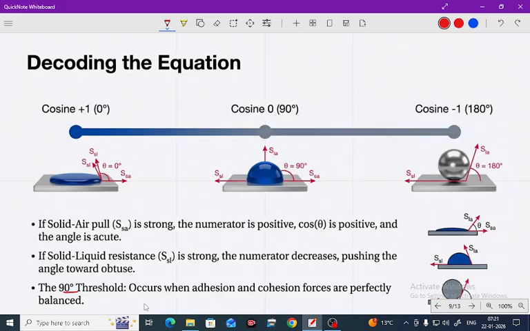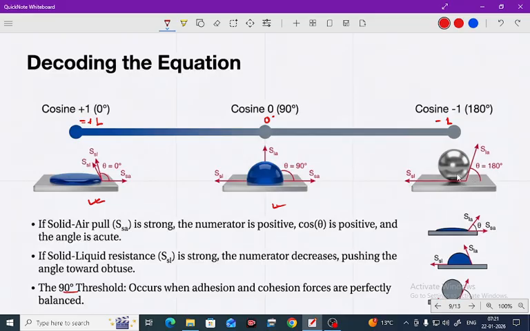So these are the three cases. Cos 0 degree is 1, cos 180 degree is minus 1, and cos 90 is 0. So what you get is the 90 degree threshold. One case is theta less than 90, one is theta equal to 90, and one is theta greater than 90 degrees.